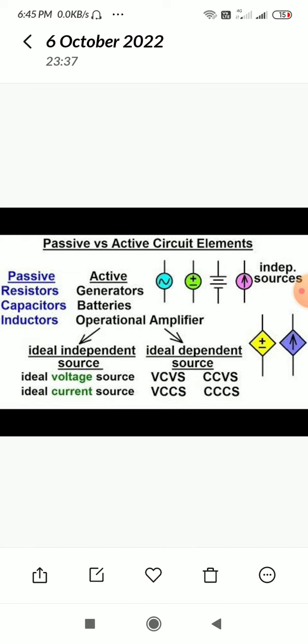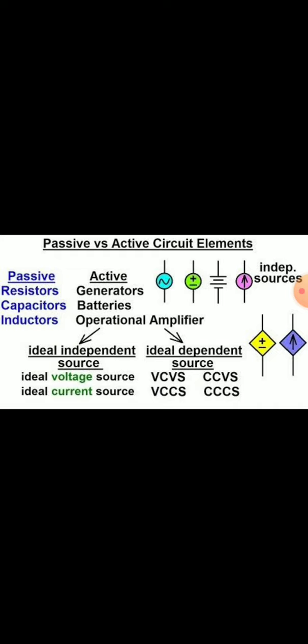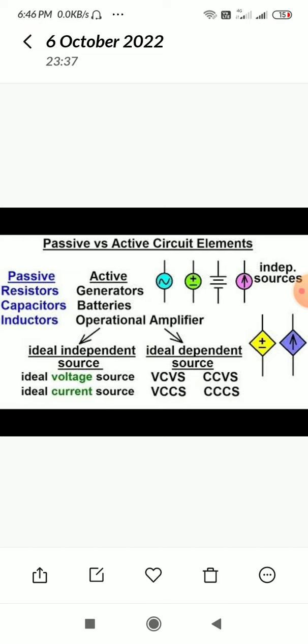Dependent sources are otherwise called controlled sources. There are four types of dependent sources. One is the voltage controlled voltage source, VCVS; voltage controlled current source, VCCS; current controlled voltage source, CCVS; and current controlled current source, CCCS. So these are the sources in the electrical network.